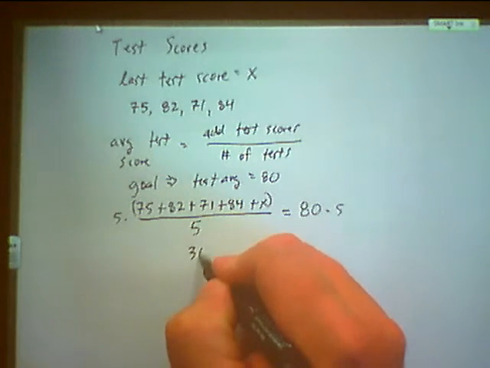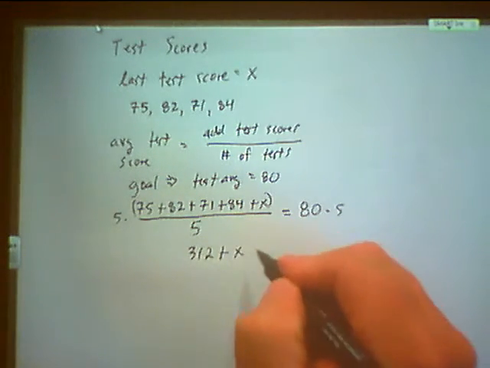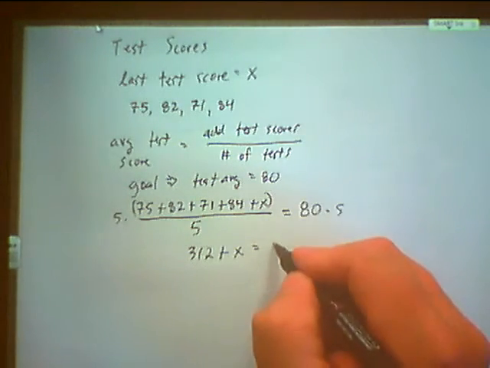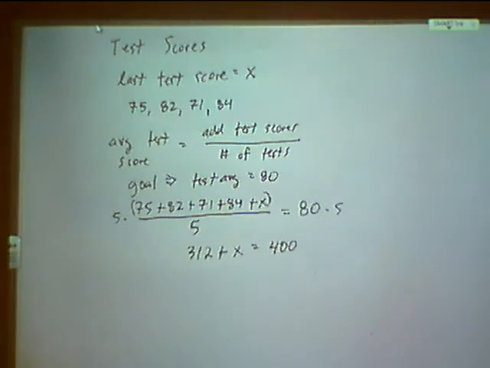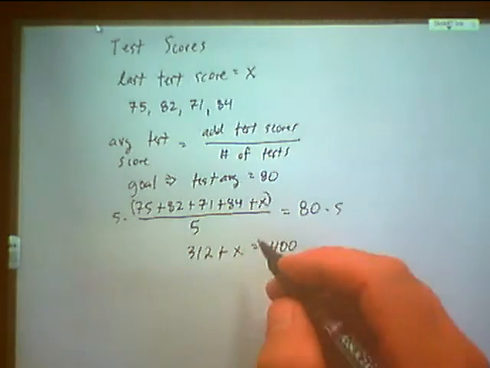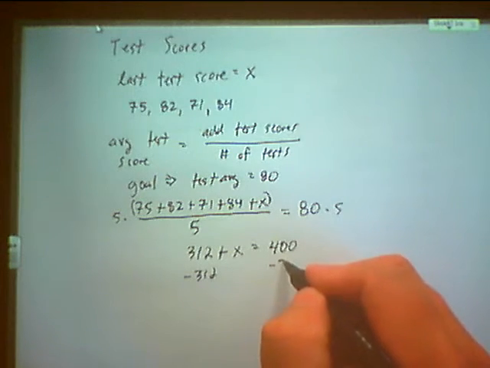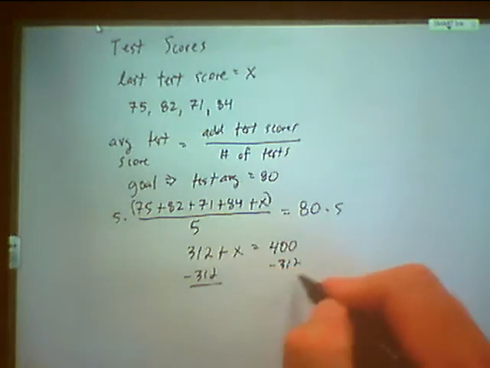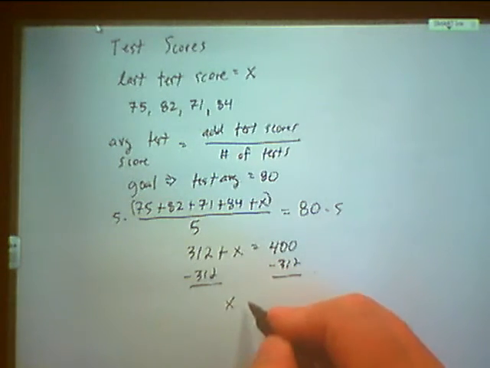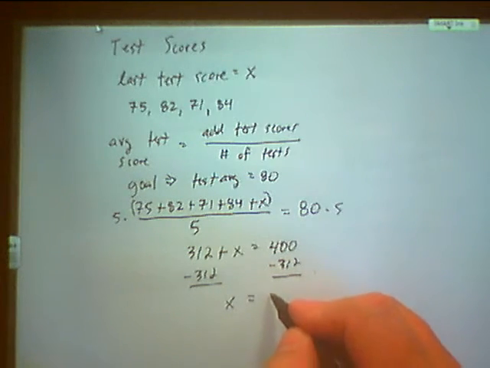So I have 312 plus x equals 400. Then to solve for x, I just subtract 312 from both sides, and you have x equals 88.